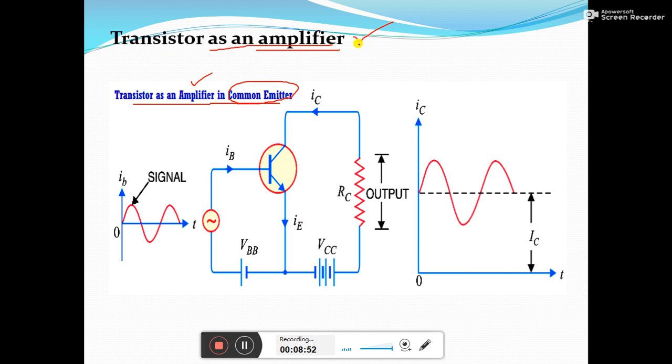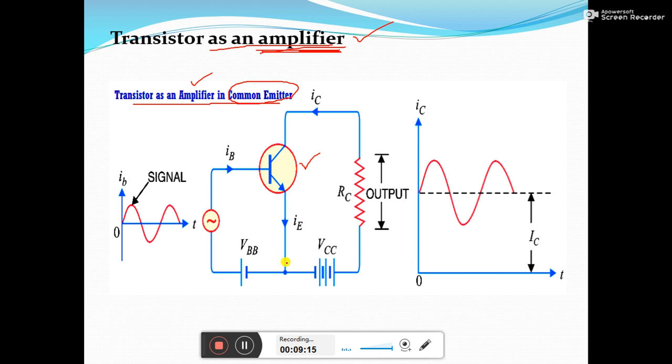You can use the CB configuration also, but you won't get a larger output. What is an amplifier? Obviously, an amplifier is a circuit which strengthens, or amplifies, the weak signal. Here the transistor is operated in the CE mode.